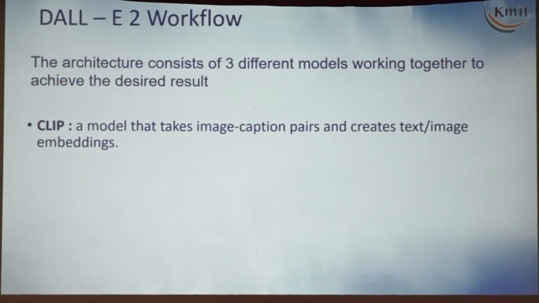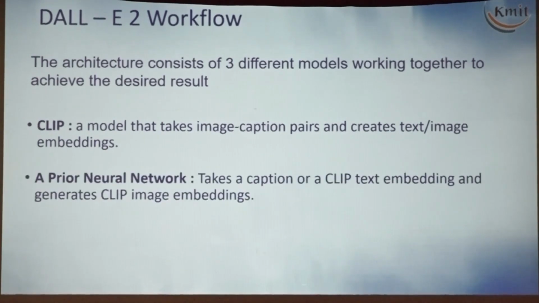The second part is a prior neural network. Whatever we get from CLIP, we have to adjust the weights and generate some basic image features, and that is done by the prior neural network.